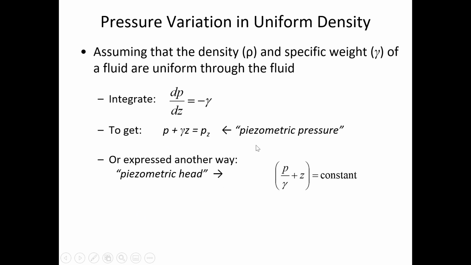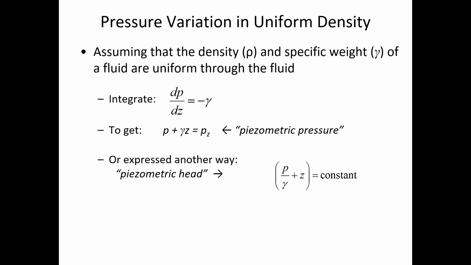Another way that we can express this is with piezometric head. If you divide each term by gamma, then as you're moving through a fluid between 2 points, the piezometric head is constant. What that means is if you go down in elevation, you'll be losing Z, but increasing pressure.